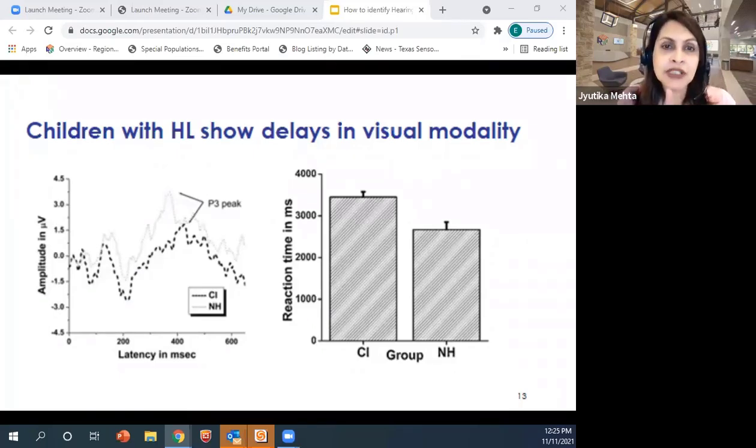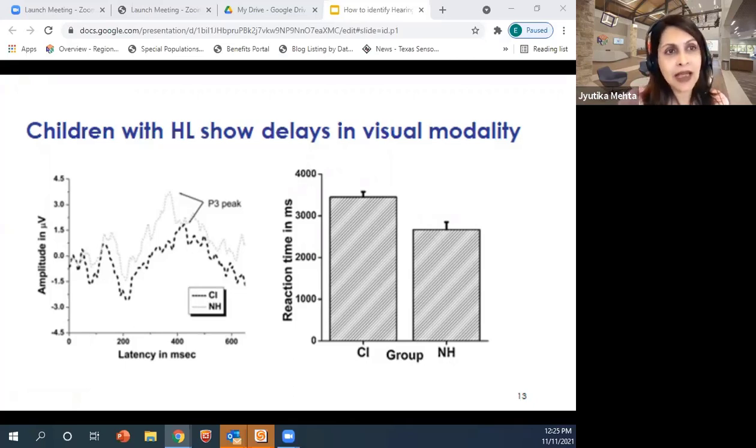And we are talking about a single word. These children have had cochlear implants for at least a minimum of 3 to 5 years. So it's not like they are recently aided.